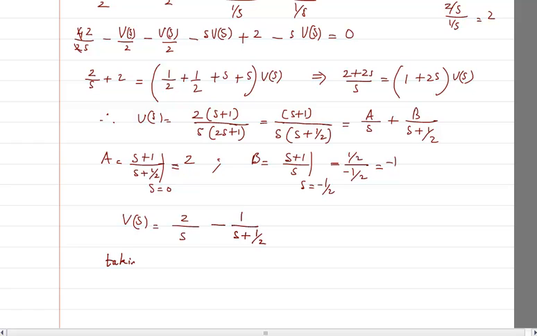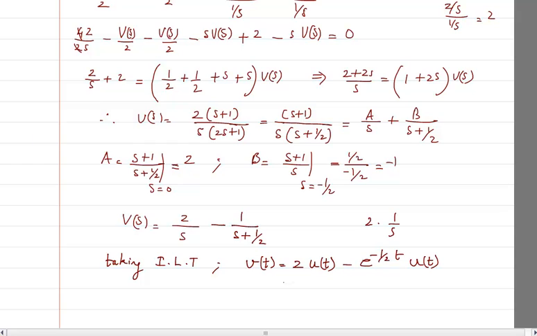Taking the inverse Laplace transform, V of t is, we know that 2 by S can be written as 2 into 1 by S. If I take its Laplace inverse, I will get 2 and for 1 by S I will get u of t, and this is going to be minus e raised to power minus 1 by 2 t u of t.